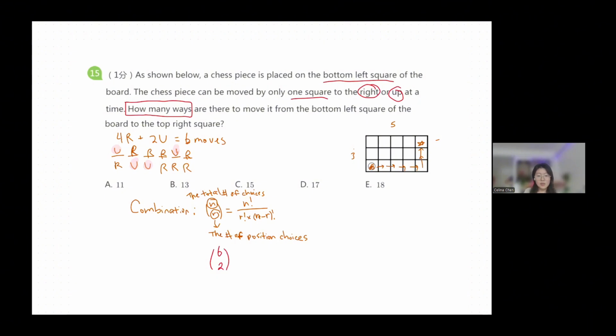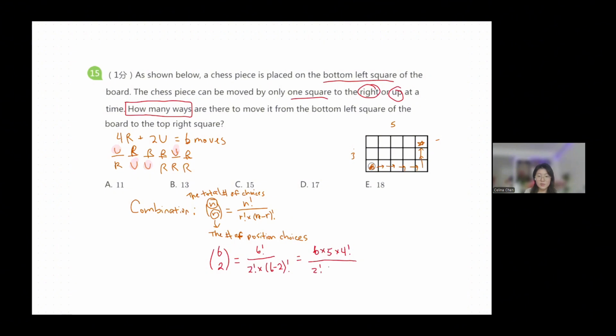And we can solve this question by plugging that into the formula. 6 factorial over 2 factorial times 6 minus 2 factorial. That will be 6 times 5 times 4 factorial all over 2 factorial times 4 factorial.